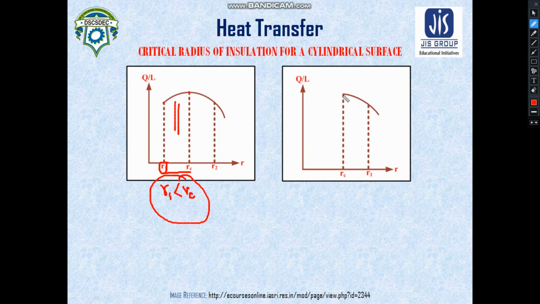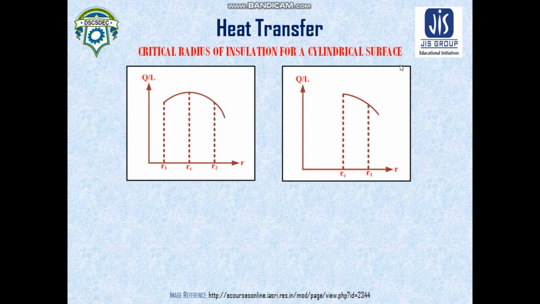If the radius of insulation is more than the critical radius of insulation, then you can see a heat transfer drop. That means it acts as a lagging material and creates an obstruction in the heat transfer. I hope you have understood the fact of critical radius of insulation.